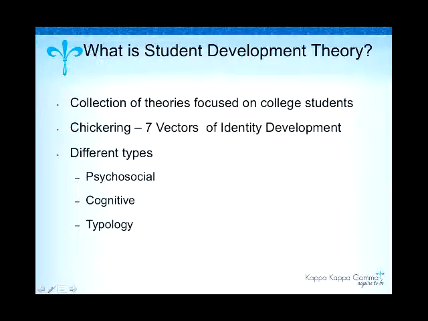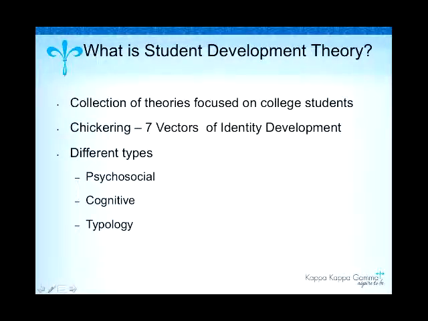Vector 4, developing mature interpersonal relationships. This is an area that I think we probably spend a lot of our time on as advisors and campus professionals working with students. I believe one of the greatest things about college for many of our students is that they really learn how to interact in diverse settings. They learn how to deal with difficult people and hopefully come out of those situations on top and ready to handle any other situation that comes their way in the future.